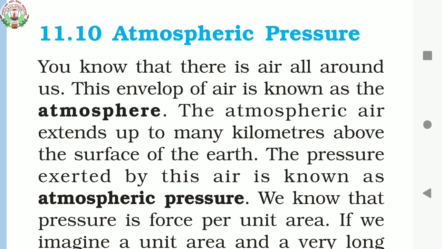Then what is atmospheric pressure? The pressure exerted by this air is known as atmospheric pressure. The envelope of air around us is known as atmosphere, and the pressure exerted by this air is known as atmospheric pressure.